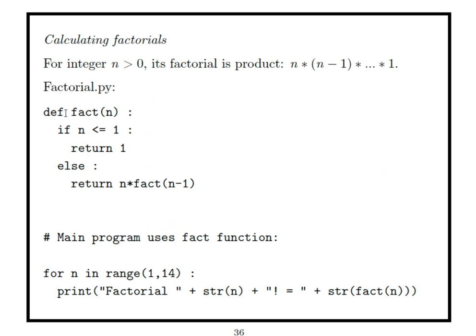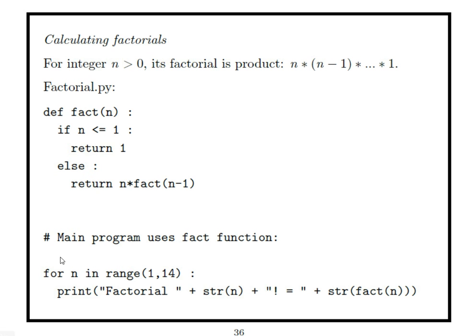So here we can define a function called factorial, which takes in one parameter n. It's supposed to be an integer.